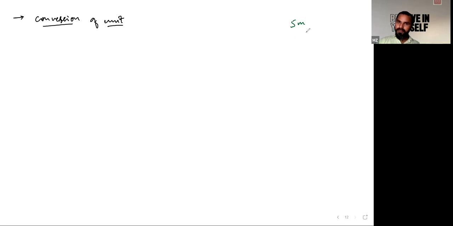If you convert it into centimeters, it will give you 500 centimeters. Now, if you want to convert this 5 meter into kilometers, it will give you 0.05 kilometer. Is it clear to everyone?